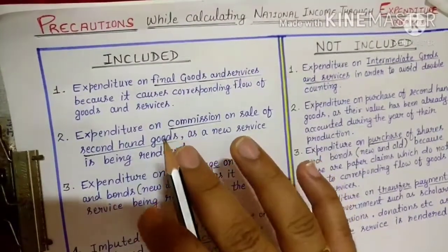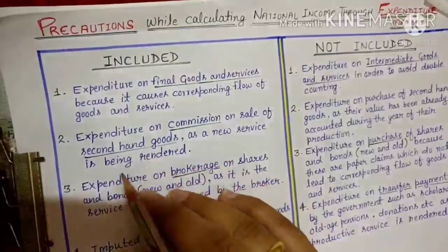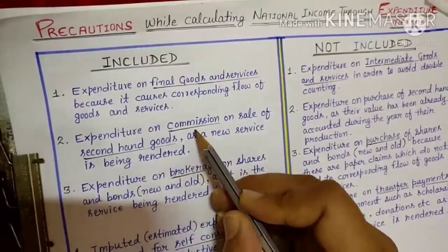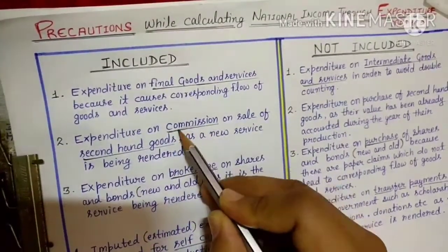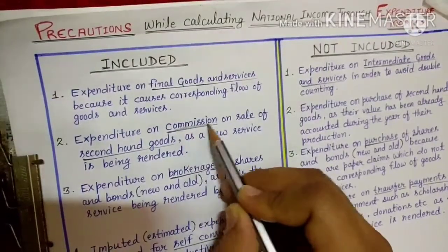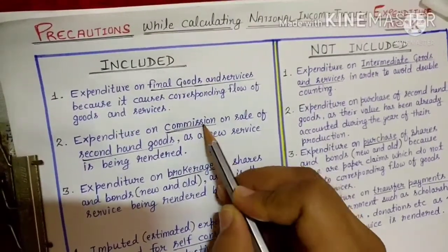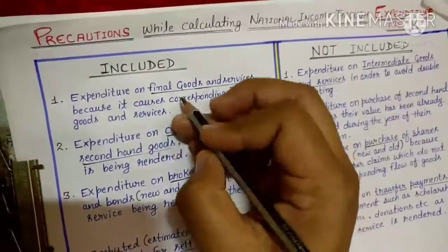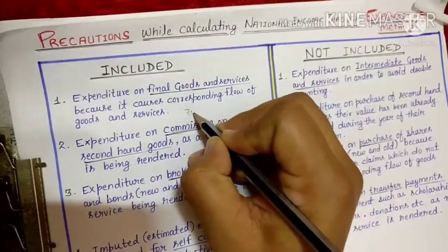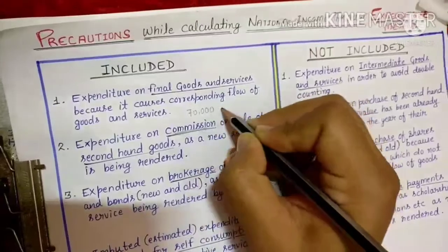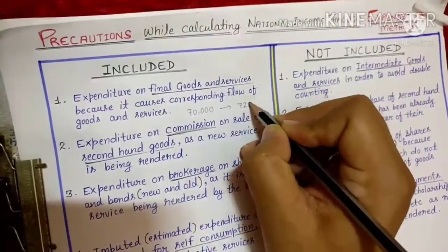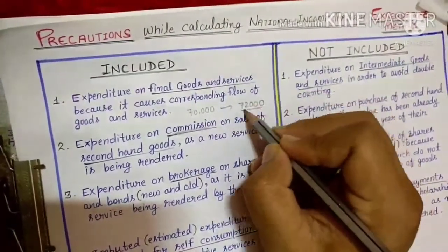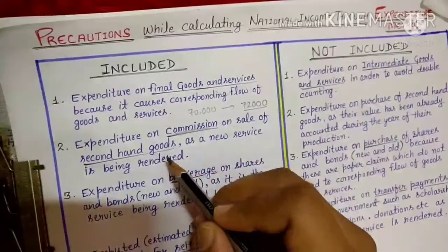He said, if you want 70,000, no problem, you get 70,000, but I need a commission on the sale of the second-hand bike. So I purchased the bike for 70,000, but I am selling it at 72,000 with the help of a mediator.